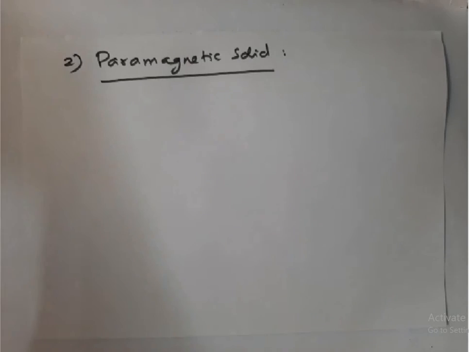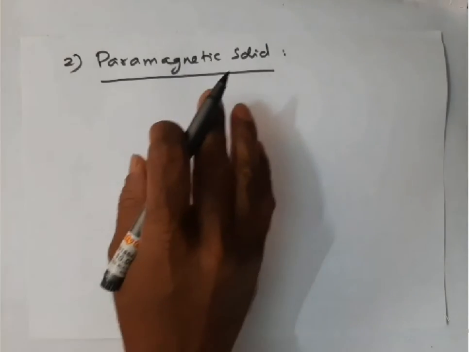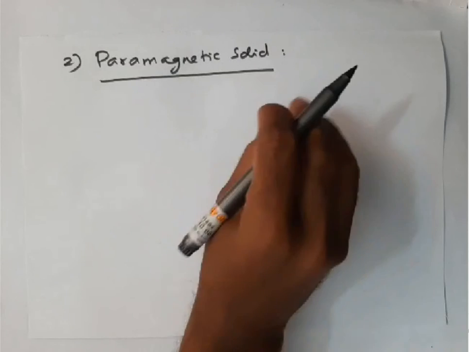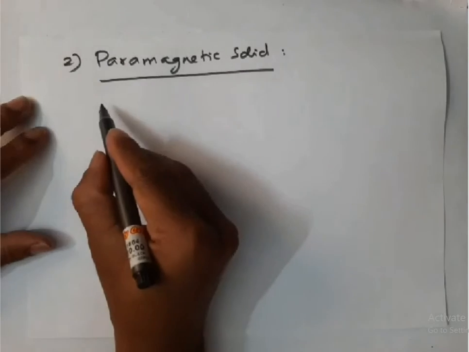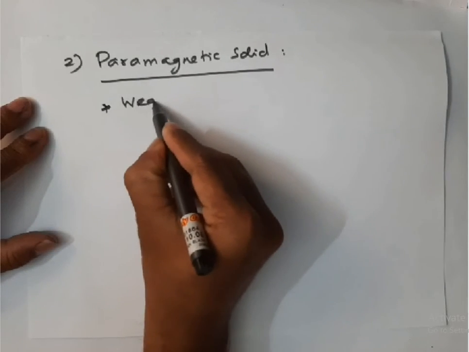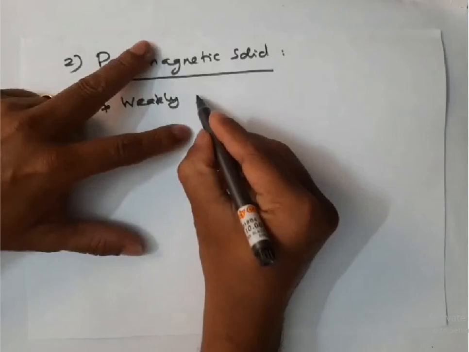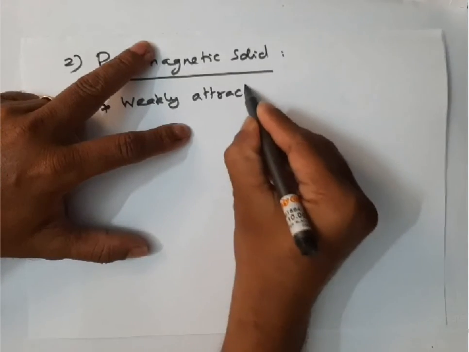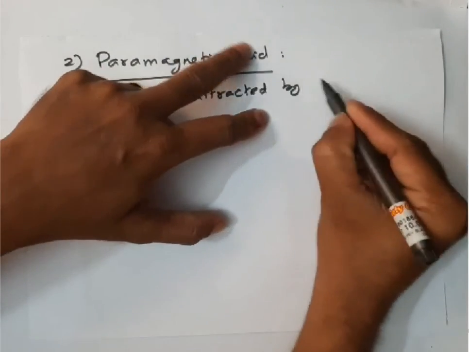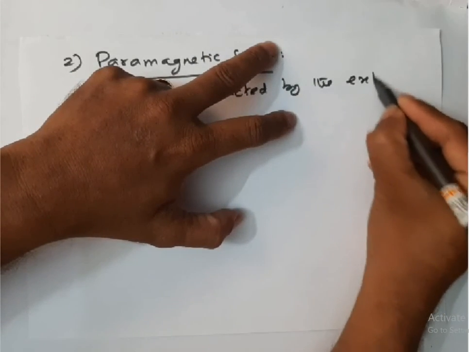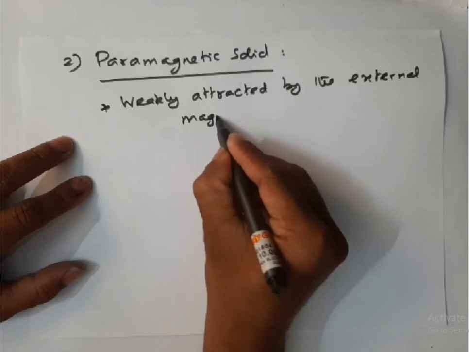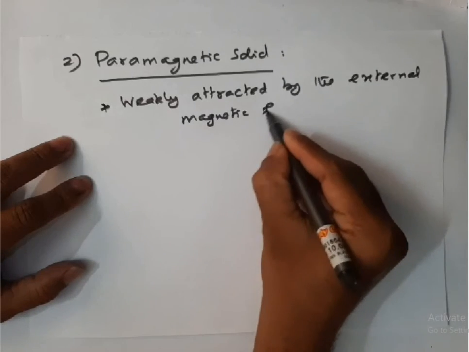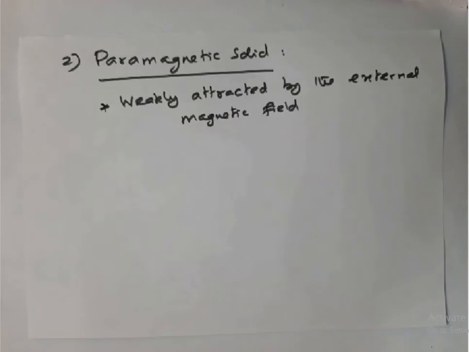Very simple. Listen, you take the material or the solid and place it in a magnetic field. If the material is weakly attracted by the external magnetic field, you can call the material paramagnetic.